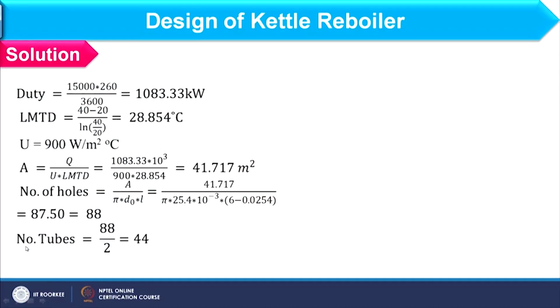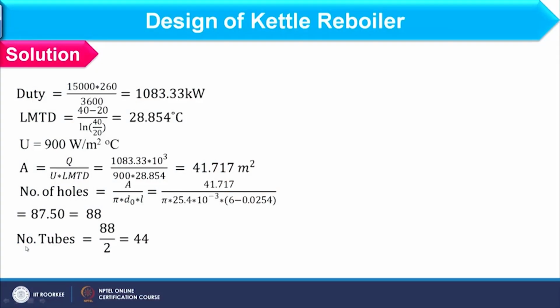Now, once I have the number of tubes, what is the next step? If you recall the procedure of the kettle reboiler, we have to find the actual tube count and so the bundle diameter, right. And as far as the actual tube count is concerned, we have to refer to certain standard tables, and these are the table C series, which is available in R.W. Sinnott's book in appendix C. Okay.